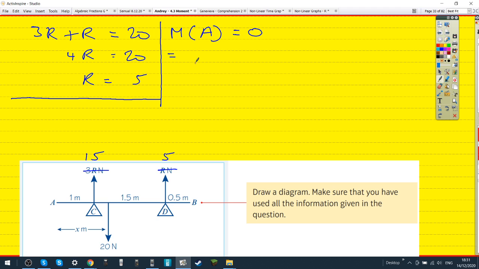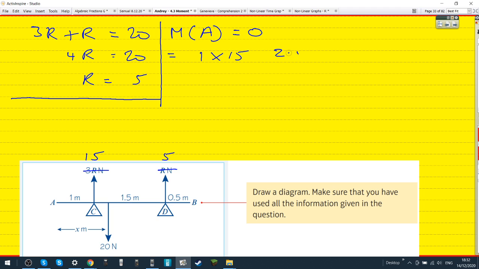So would it be 1 times 15? Yeah, another. 1 times 1.5? Distance times force. 1 times 5? Distance from A to that force, which will be 2.5.